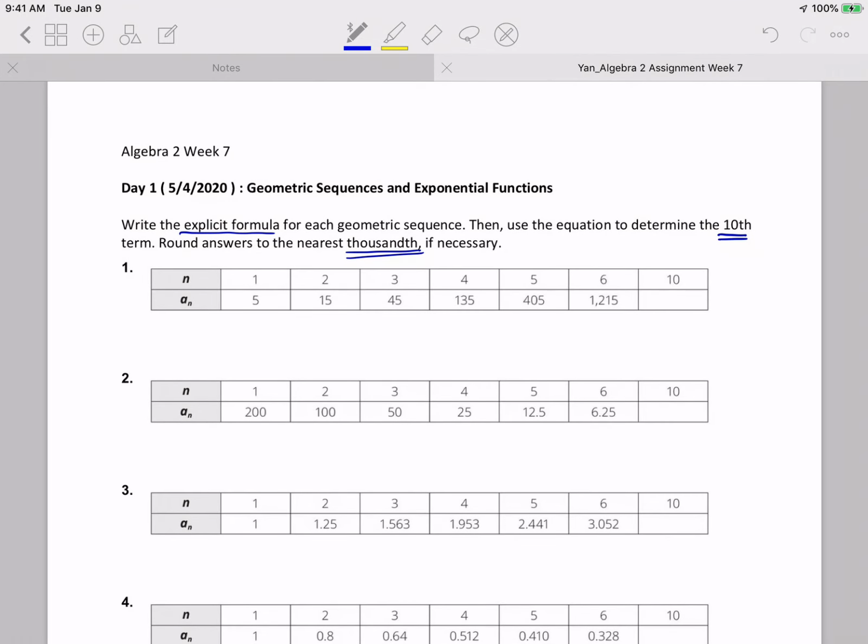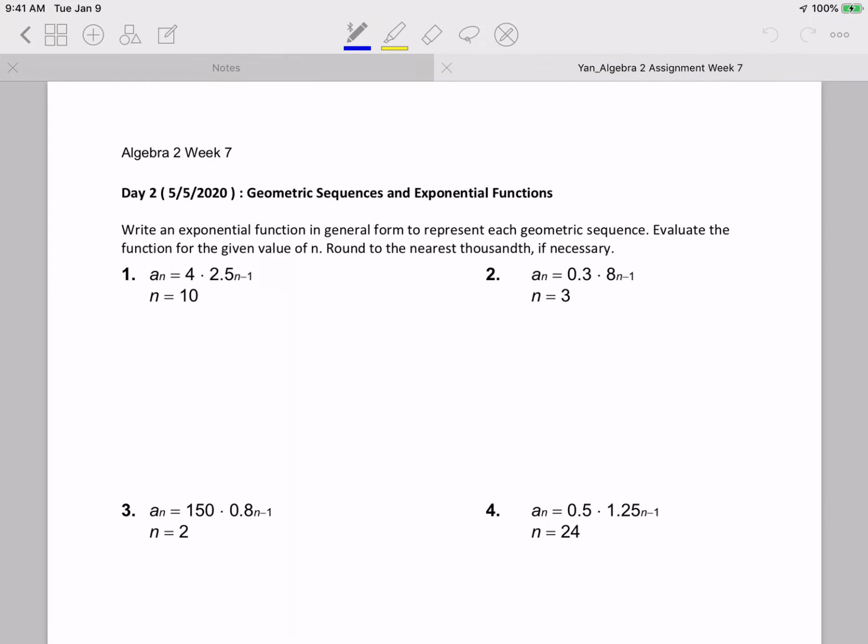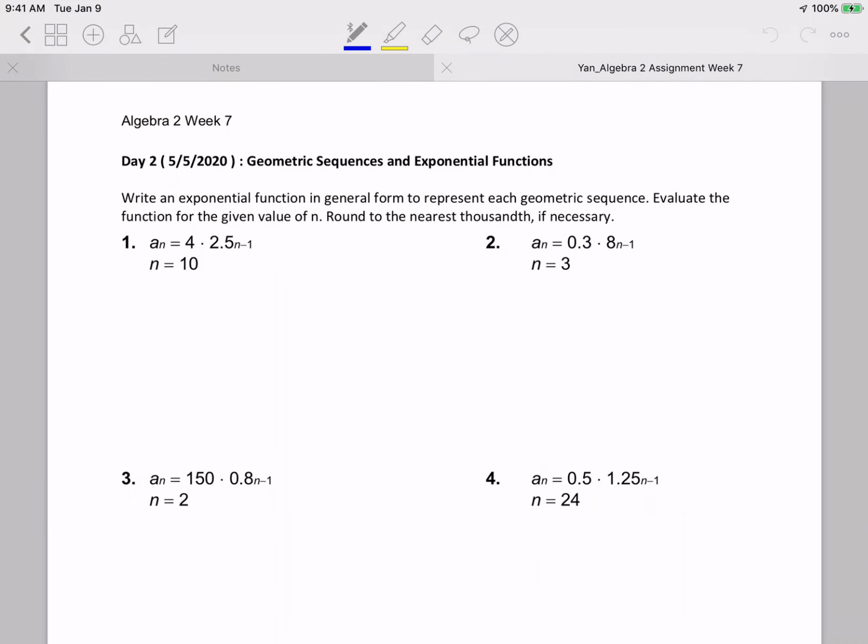Okay, so that's it for day 1. Day 2 homework, it's very similar, except you are writing an exponential function and also evaluating. Okay, so I'm going to show you one of the questions. Let me do number 1. What they mean by rewriting it in exponential function?